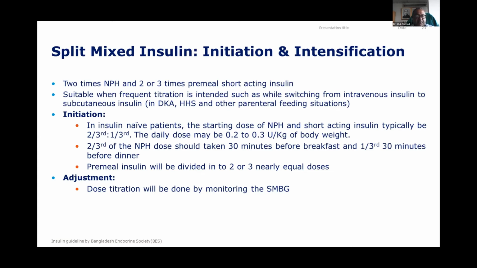Regarding NPH, two-thirds of the dose should be taken 30 minutes before breakfast and one-third 30 minutes before dinner. So pre-meal insulin will be divided into 2 to 3 nearly equal doses. You can adjust the dose by frequent monitoring of SMBG, self-monitoring of blood glucose, and titrate the dose.